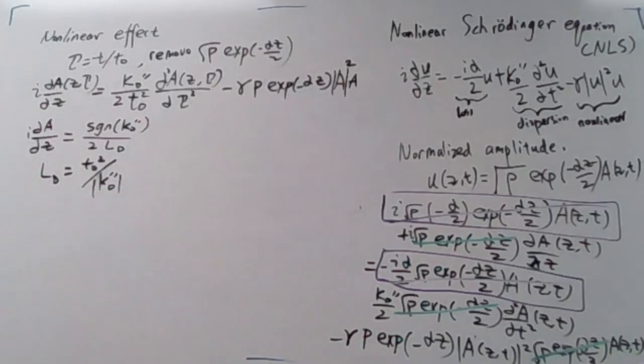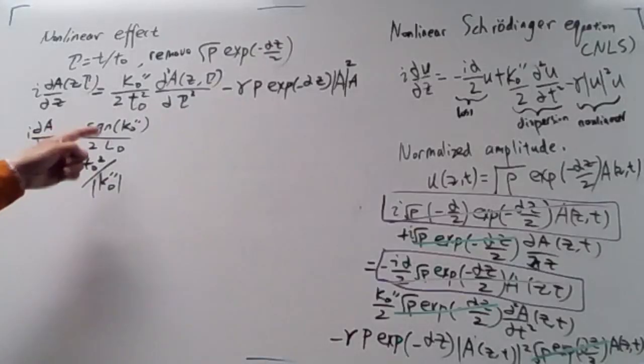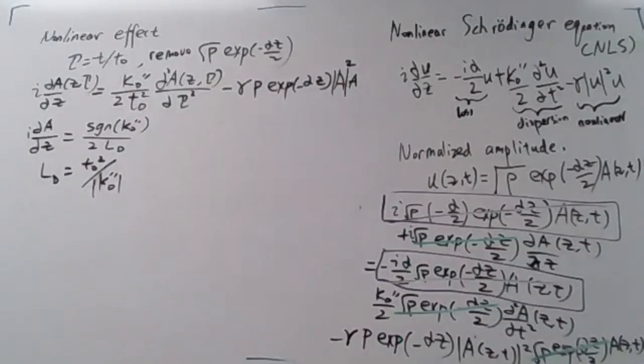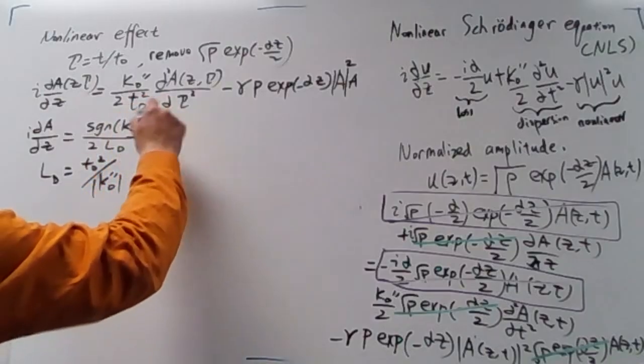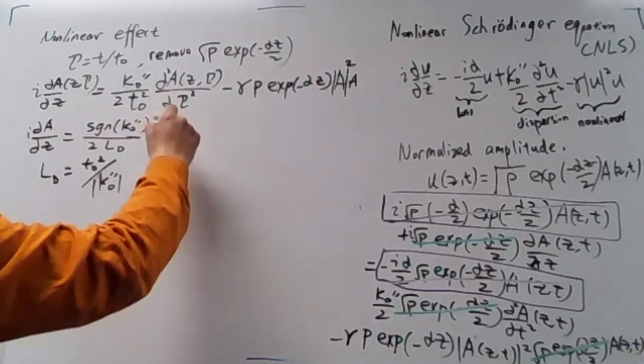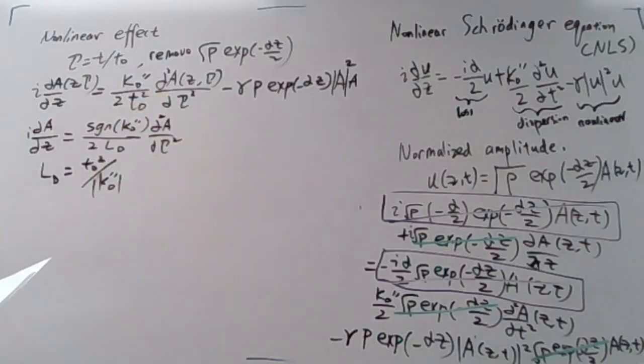If k naught double prime is positive 0.01, then this SGN is positive 1. It's just the sign over 2LD, and then partial A, partial tau, second derivative.